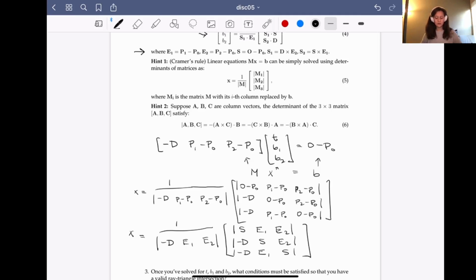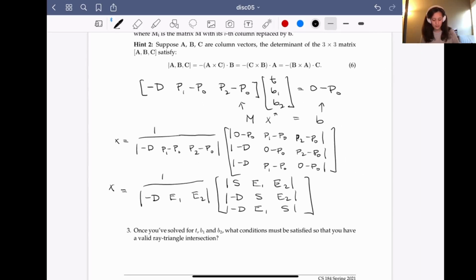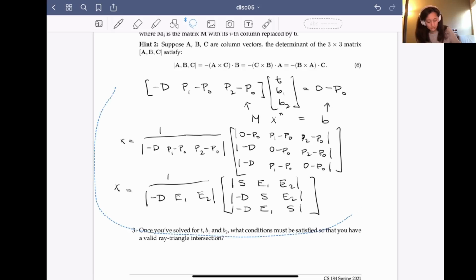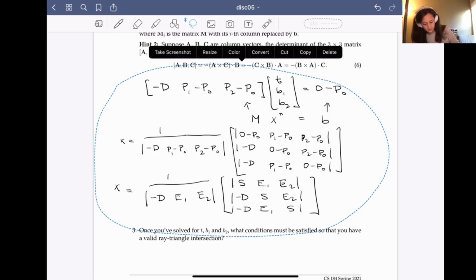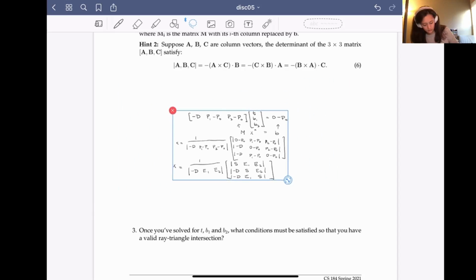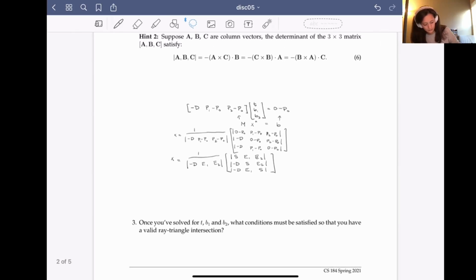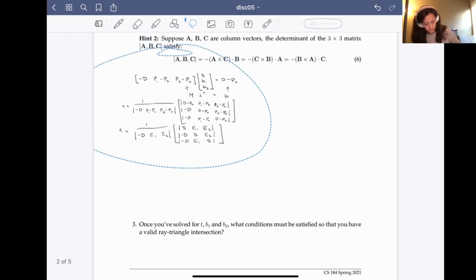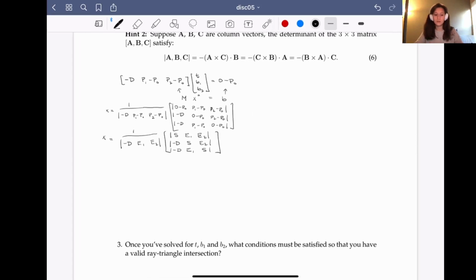Okay, so now that we have this, we need a little bit more room, so give me 1 second. Just going to make this smaller. Okay, so now we need to actually compute these determinants. So for negative d, e1, e2, this is equal to negative d times e2 times e1.